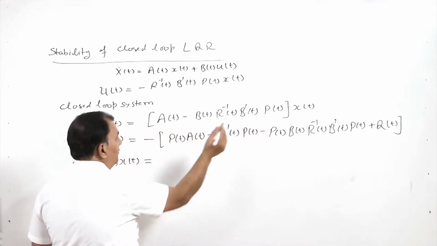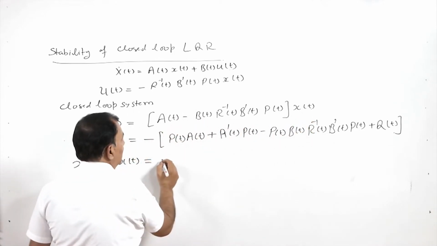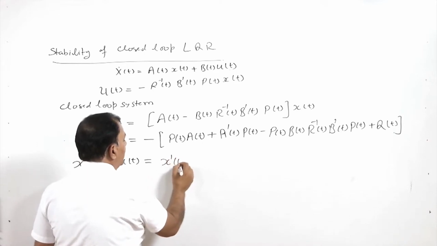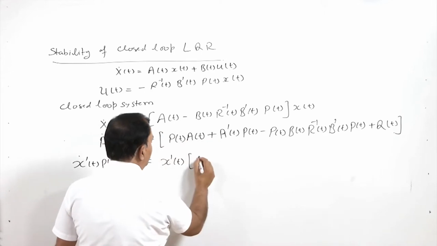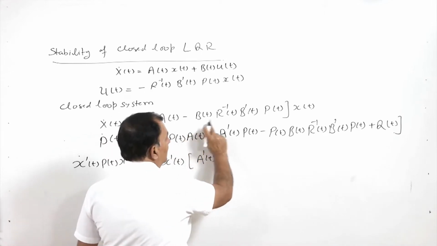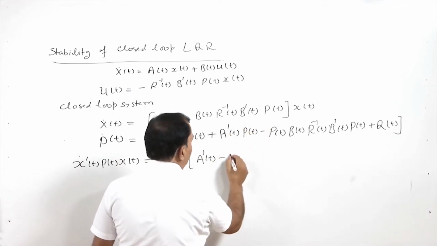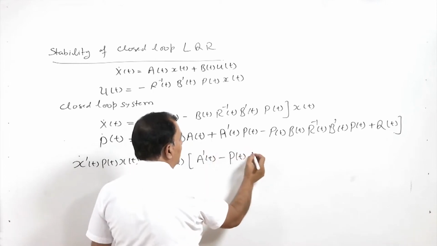So, x dot transpose is my taking the transpose of the whole, this is giving me x transpose of t, A transpose of this minus, in this transpose first I will get the P. P is symmetric, so transpose remains the same.